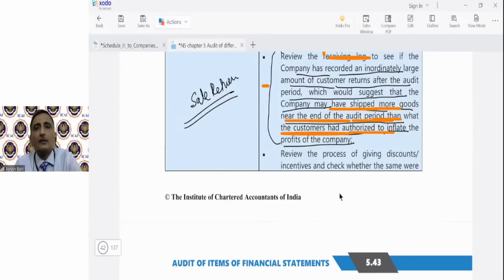Okay, so you shall be studying about this term in your chapter on audit of banks. Yes, Anmol, allowance for bad and doubtful debts means provision. Yes, same thing.